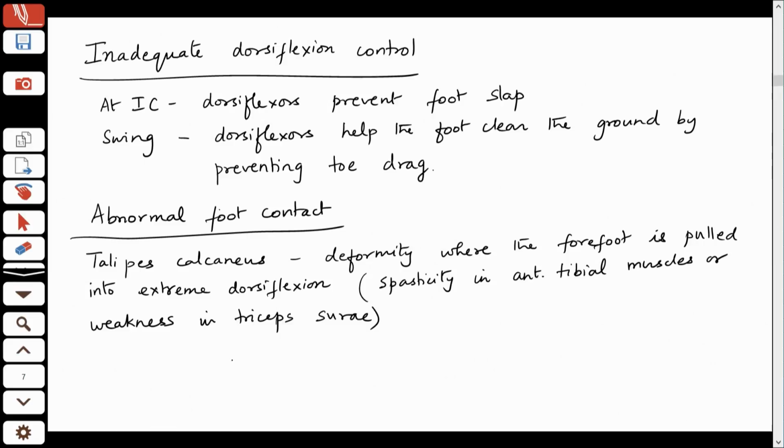In this case, the forefoot is never able to take the weight. In an extreme case, the foot may never be able to be flat on the ground. So, weight is never taken by the forefoot.